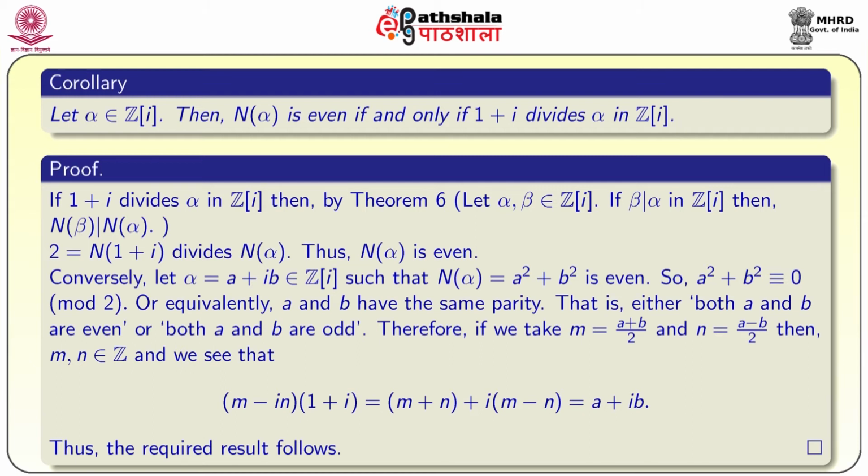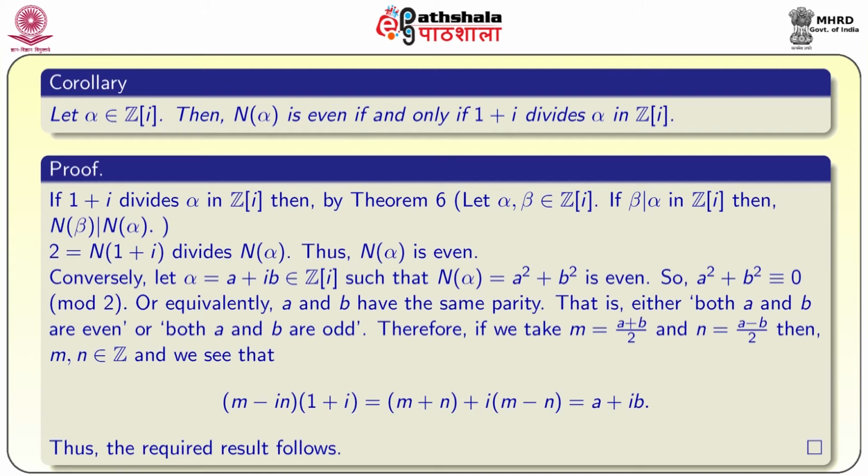Therefore, we take m equal to (a plus b) by 2 and n equal to (a minus b) by 2, then m, n belong to Z. It is because both a and b are even or both a and b are odd. So, (a plus b) by 2 is an integer and (a minus b) by 2 is an integer, that is why m and n belong to Z. And we see that (m minus ni) into (1 plus i), by the definition of multiplication of Gaussian integers, is equal to (m plus n) plus i times (m minus n), which is equal to a plus ib itself.